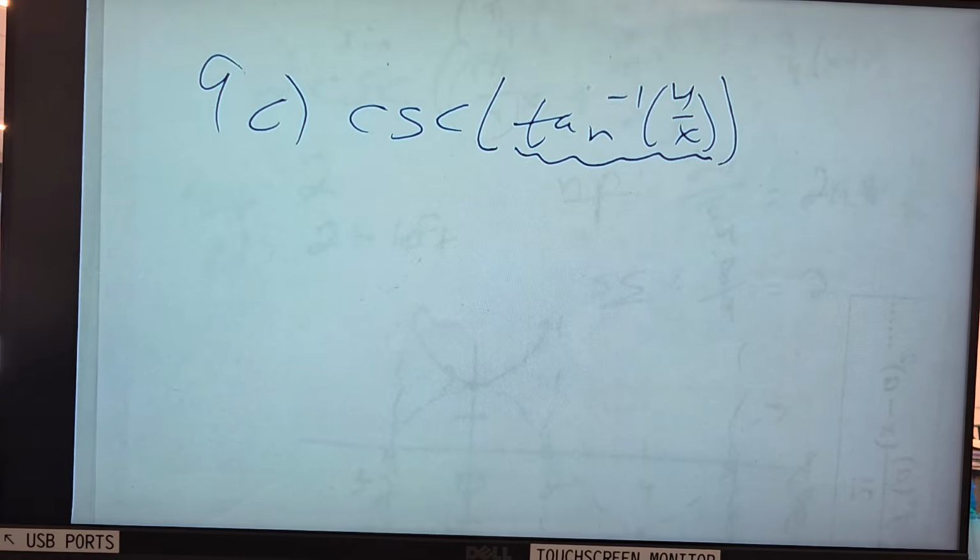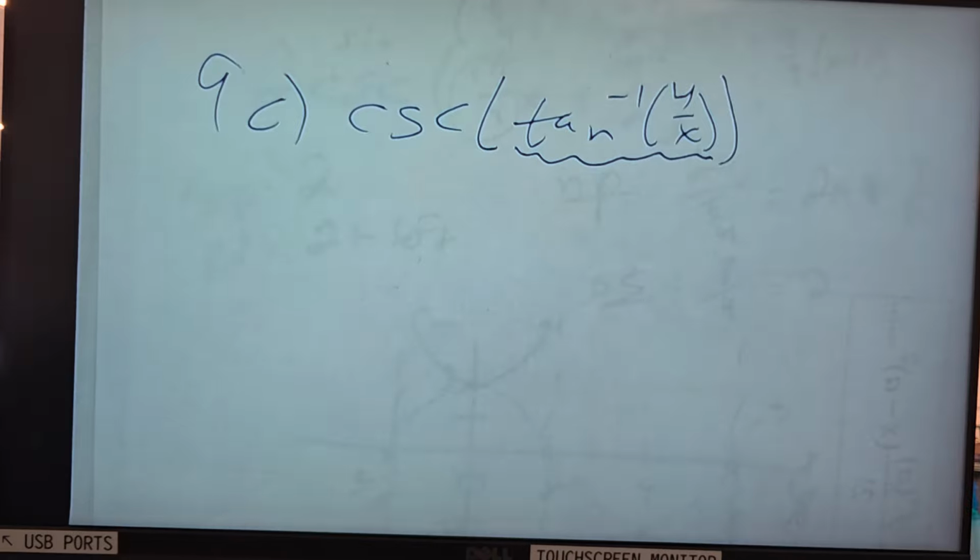What do you put into a tangent? An angle. So what comes out of an inverse tangent? An angle. If I put an angle into the function, I get an angle out of the inverse function. That's how we know inverses work. They switch the x and y, they switch the input and output.